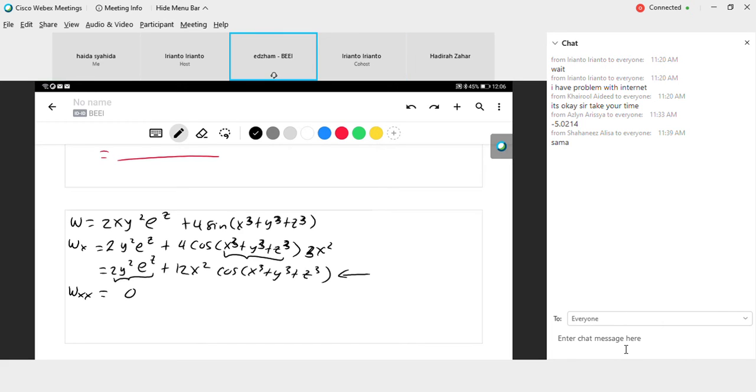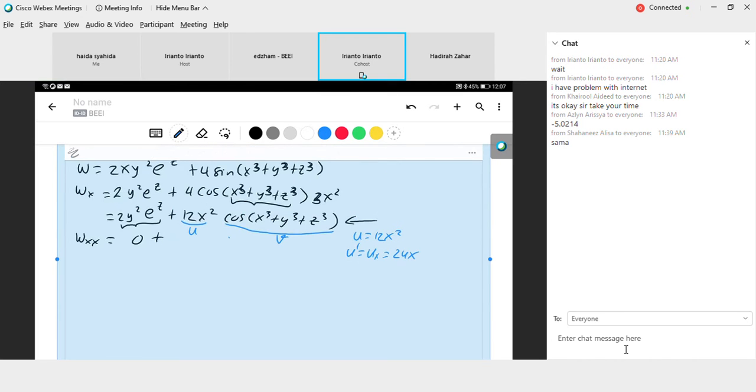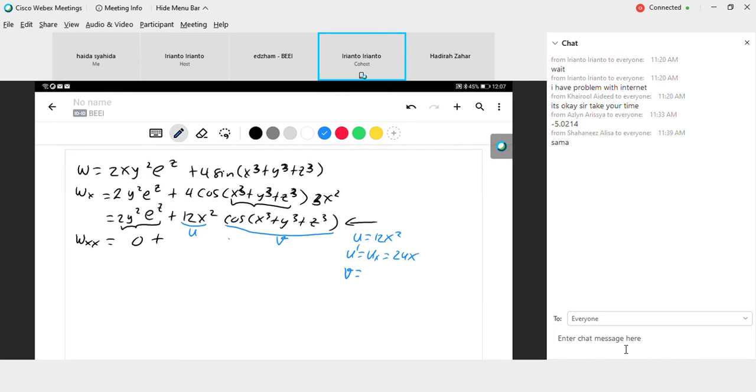Okay, good. Now plus, for the second part, there's 12x square. This one consists of x, this one also consists of x, so you need the u prime v again. u equals 12x squared, u prime with respect to x will be 24x. The simple one I just do directly. v equals cos of x cube plus y cube plus z cube.